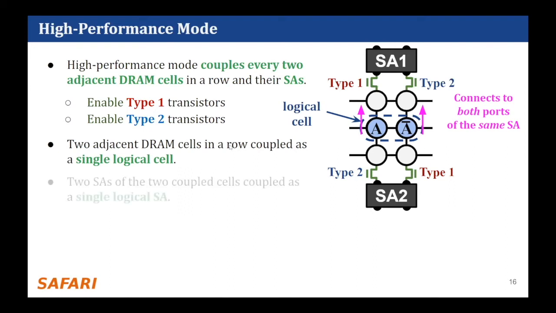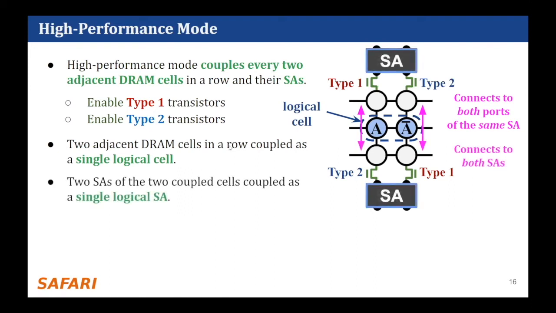Second, two sense amplifiers, which originally served the two adjacent DRAM cells individually, are now coupled to operate as a single logical sense amplifier because this logical cell is connected to both of the two sense amplifiers. As we can see in this figure, both the sense amplifier at the top and the bottom are connected to the logical cell formed by these two adjacent DRAM cells, and they are connected with the same pair of bitlines.